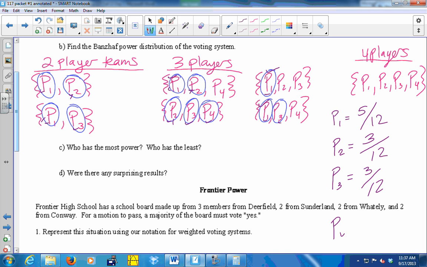And player 4 out of 12 is critical once. So this is the amount of power that each player has. 5/12, 3/12, 3/12, 1/12.